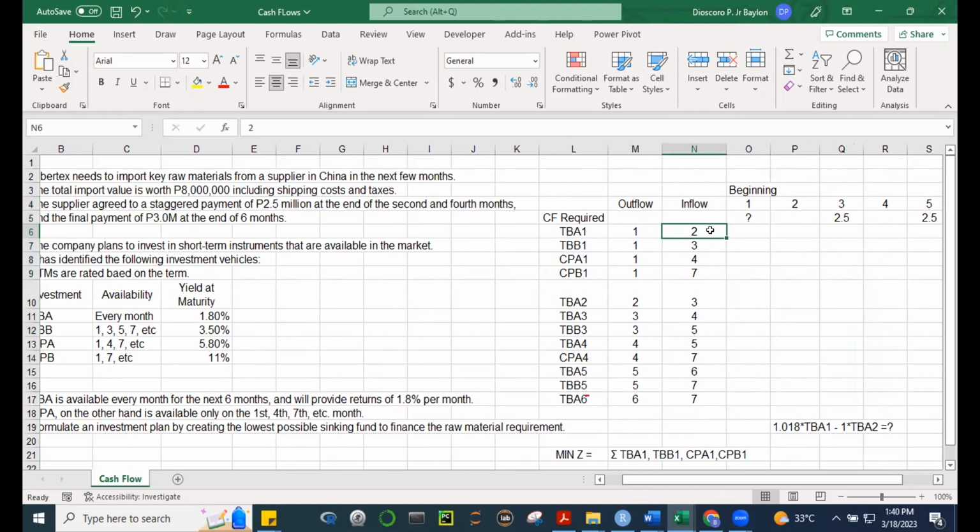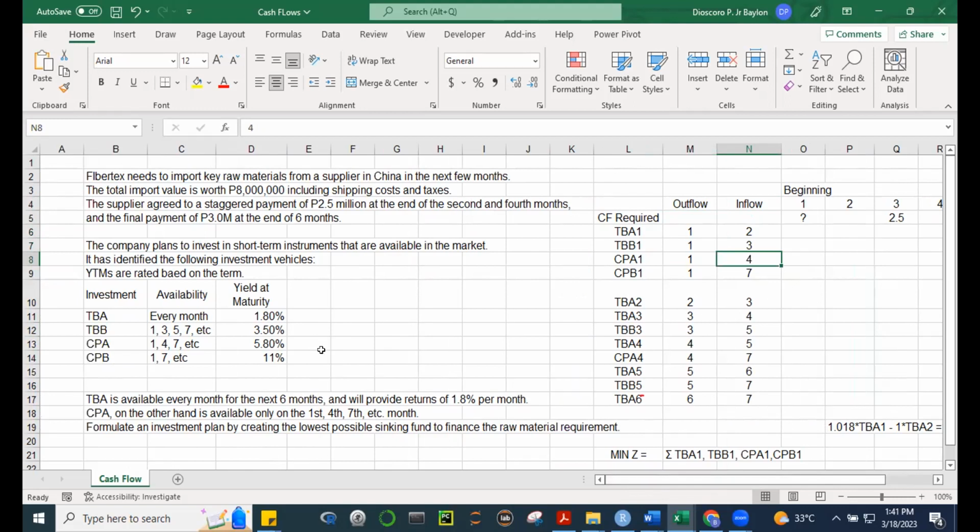It means that they'll be able to terminate or finish this investment and get the inflow. At the start, it will be an outflow. At the end, it will be an inflow. Okay, TBB1 outflow is now, and then inflow is 3 because the term of TBB is 2 months.